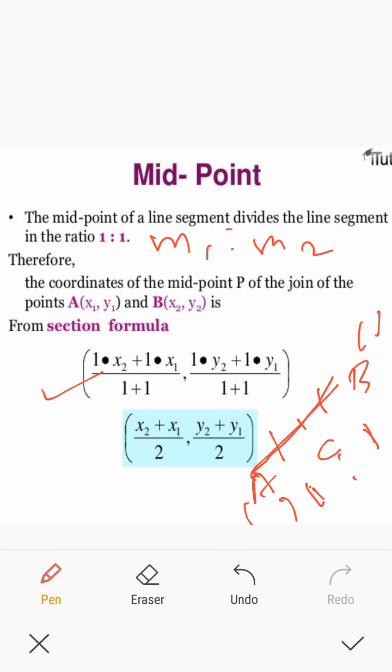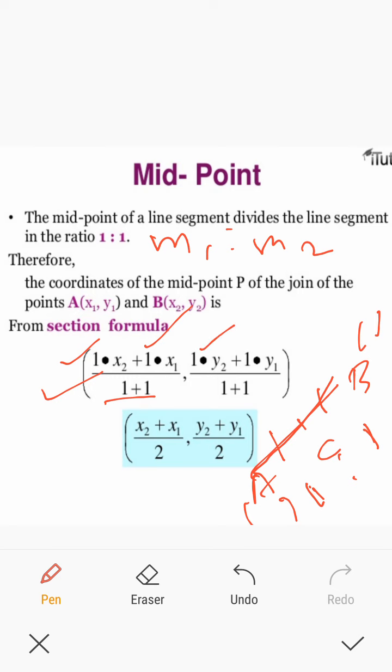So m1 x2 means m1 is 1, into x2, plus m2 x1, m2 is also 1 into x1, divided by m1 plus m2, which is 1 plus 1.